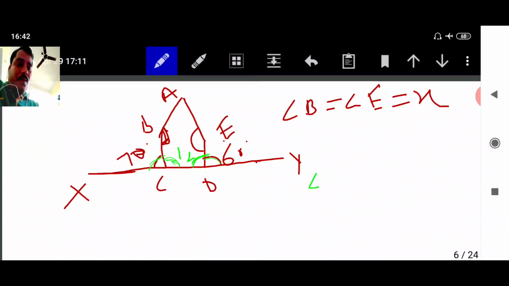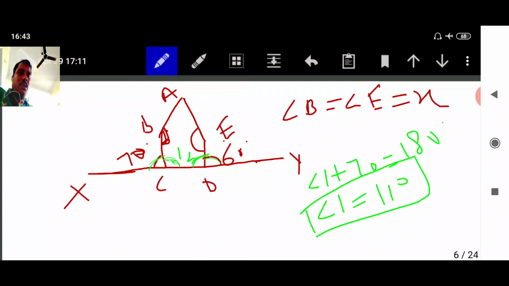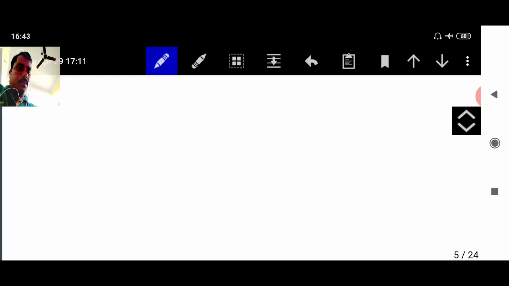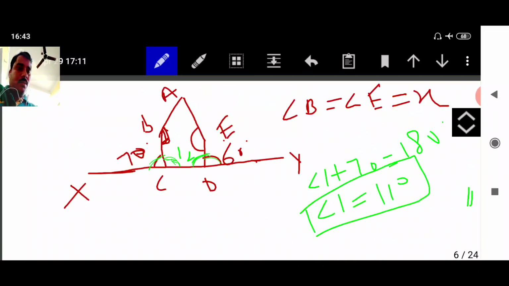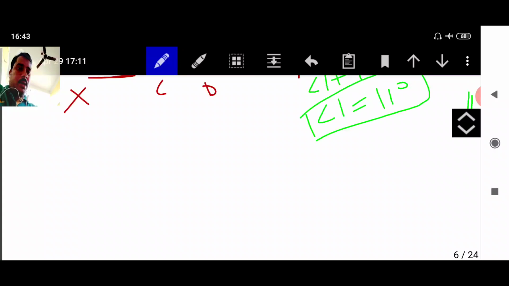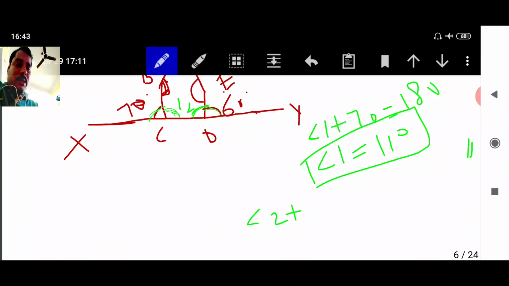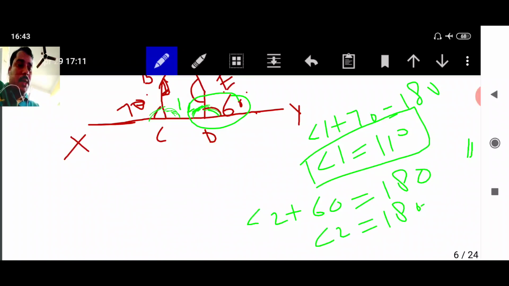Angle 1 plus 70 equals 180, linear pair, so angle 1 equals 110 degrees. Similarly, angle 2 plus 60 equals 180, so angle 2 equals 180 minus 60 equals 120.